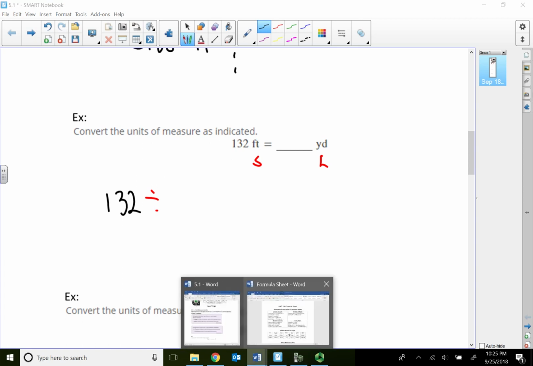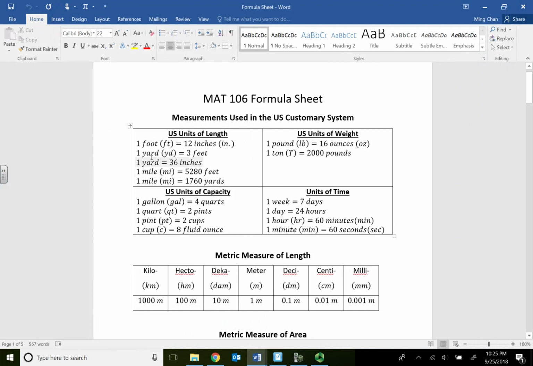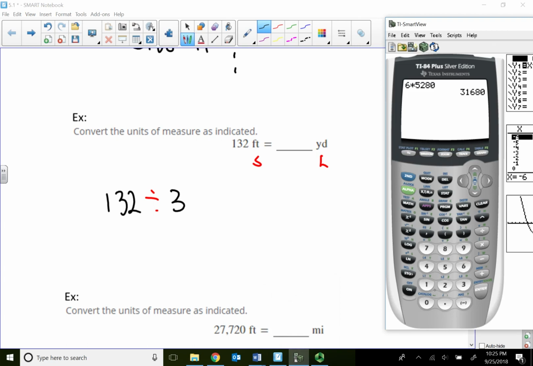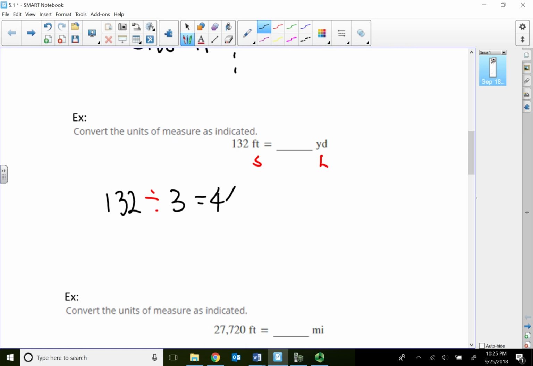On the formula sheet, for length between feet and yard, 1 yard is 3 feet, so the conversion ratio is 3, a 1 to 3 ratio, so that's the number I divide. So 132 divided by 3, that will be 44. So 132 feet is equal to 44 yard.